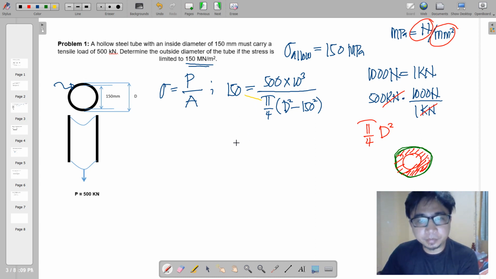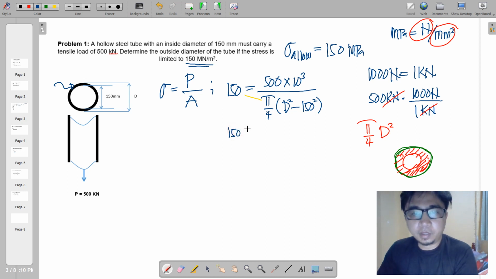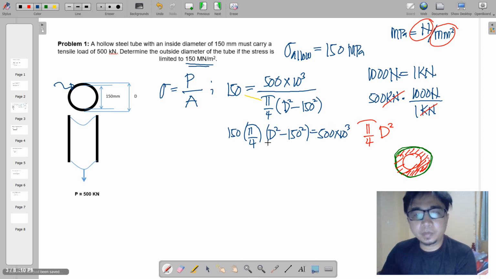So here it is: 150 times pi over 4 times d squared minus 150 squared is equal to 500 times 10 cubed.